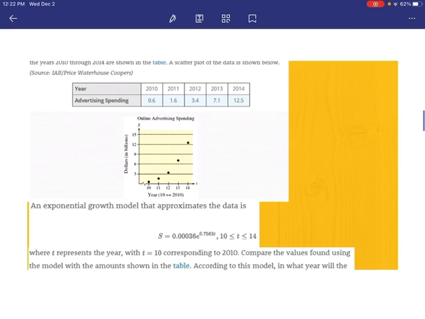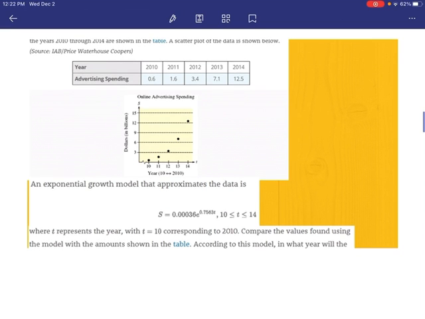An exponential growth model that approximates the data is S equals 0.00036 e to the 0.7563 times t, where t is between 10 and 14, where t represents the year, with t equals 10 corresponding to 2010. Compare the values found using the model with the amounts shown in the table.